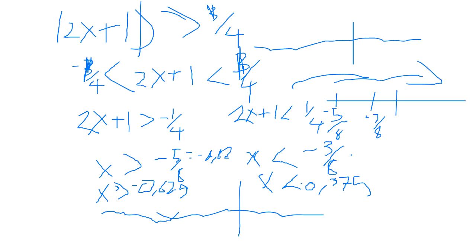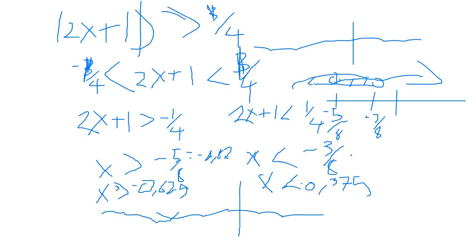Then it says less than negative 3 over 8, so it will come here like this. Our intersection is going to be here.